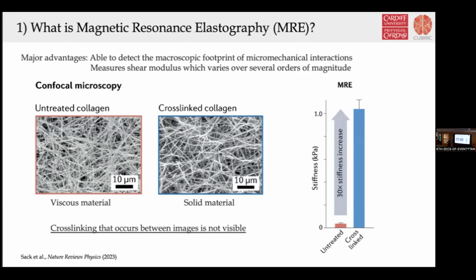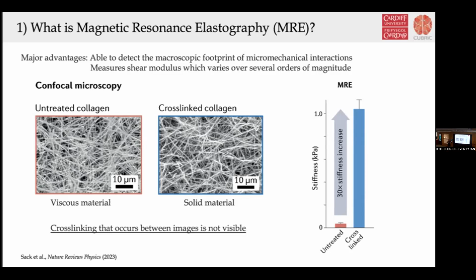Uncross-linked collagen is a viscous material, more liquid than solid, and it exhibits a very low shear modulus. Whereas cross-linked collagen is a solid with shear modulus in the kilopascal range. But the cross-linking that occurs between these two images, from state 1 as a fluid to state 2 as a solid, is not visible using microscopy, which is madness.